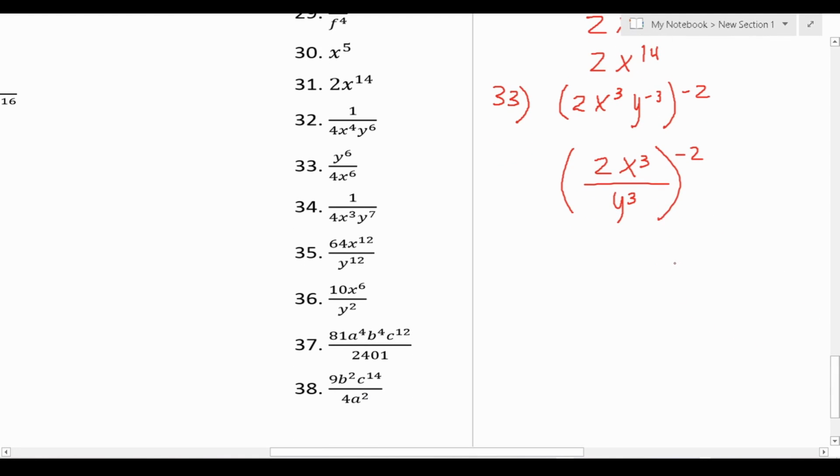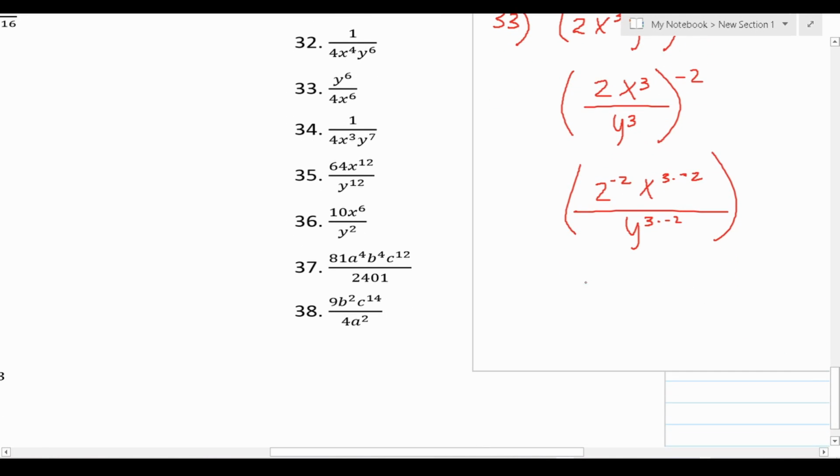Now I'm going to use the power rule to apply this negative 2 to everything inside parentheses. So this is going to be 2 to the negative 2, x to the 3 times negative 2 over y to the 3 times negative 2.